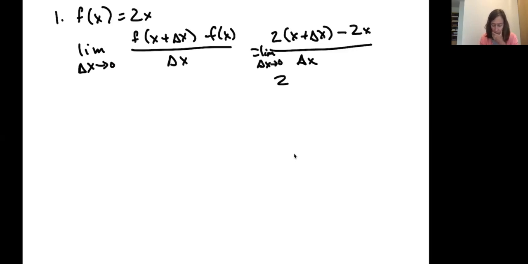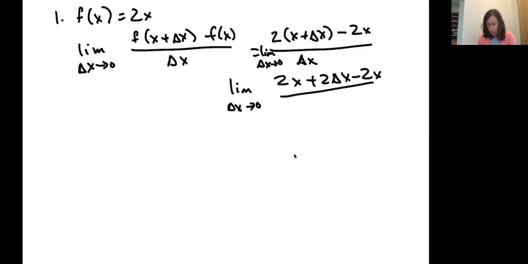And down here, I'm also taking the limit as delta x goes to 0 of, now I'm going to do what I started to do, which is just distribute this: 2x plus 2 delta x minus 2x over delta x. That is still the limit as delta x goes to 0.